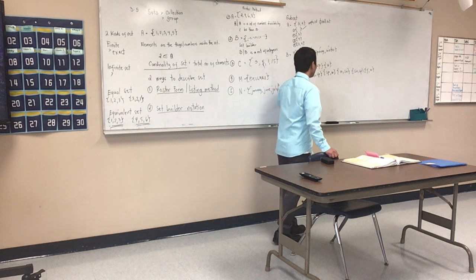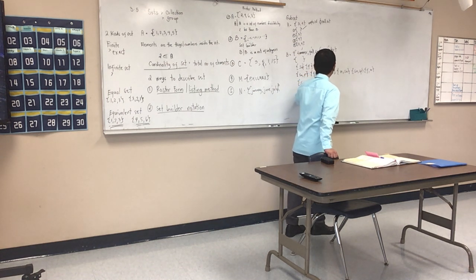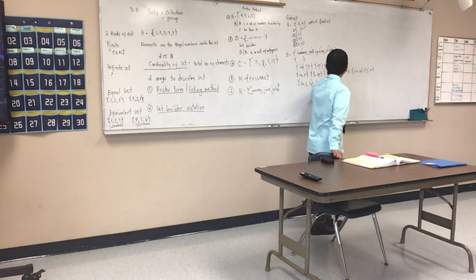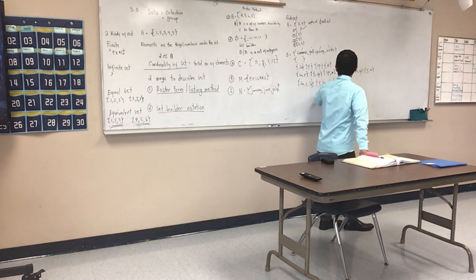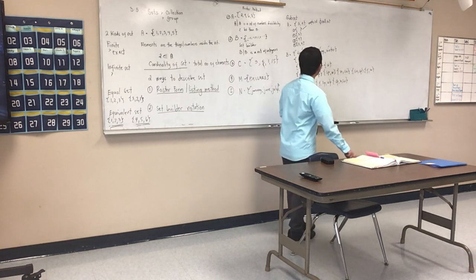How about if we have three elements here? So we have summer, fall, spring. We can also have fall, spring, winter. We also have spring, winter, summer. Do we still have?